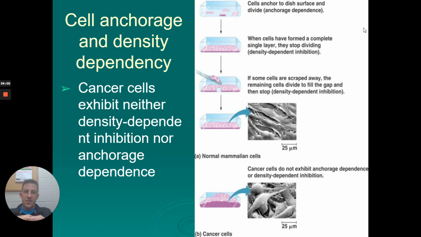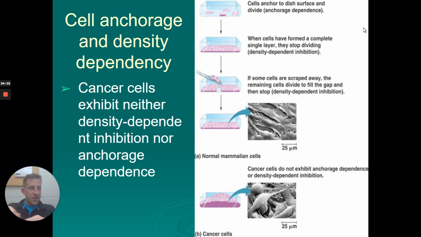Now, cell anchorage and density dependency are things that cancer cells do not take heed of. And part of what we're going to talk about here is cancer and how cancer actually gets going because of these mistakes in cell cycle control. So this one I will probably go ahead and describe to you a little bit here.